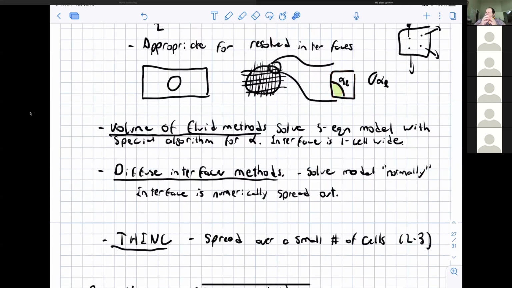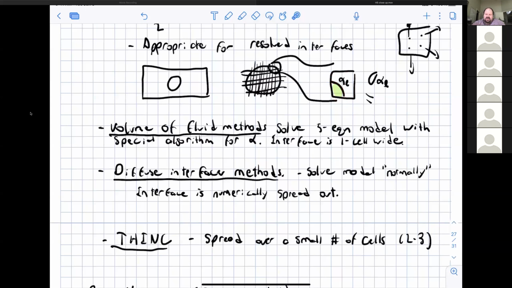What the volume of fluid method attempts to do is reconstruct this exactly. The code does not know that there's supposed to be a little quarter circle of liquid in here.